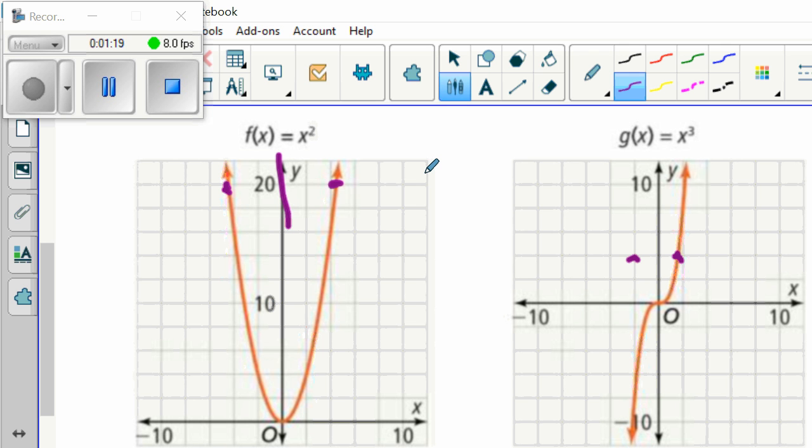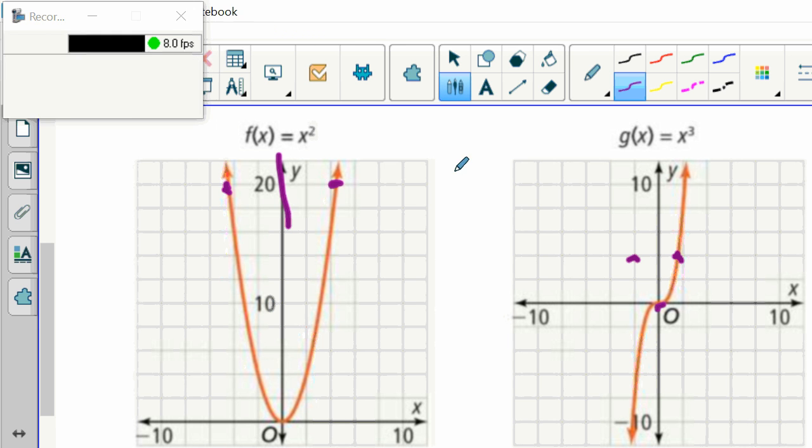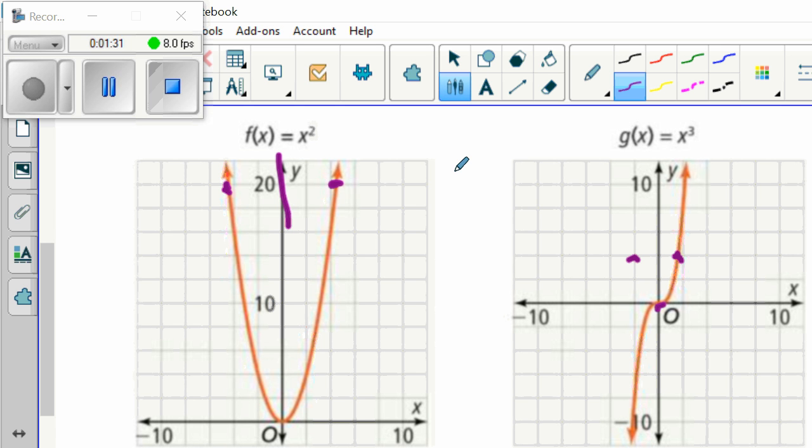So now we're going to look at symmetry about the origin. If I take a point on g of x, and rotate it 180 degrees about the origin, remember one quadrant is 90 degrees, so here's 90 degrees, here's another 90 degrees, here I am.